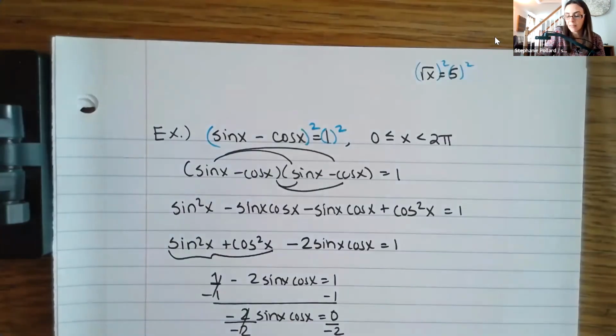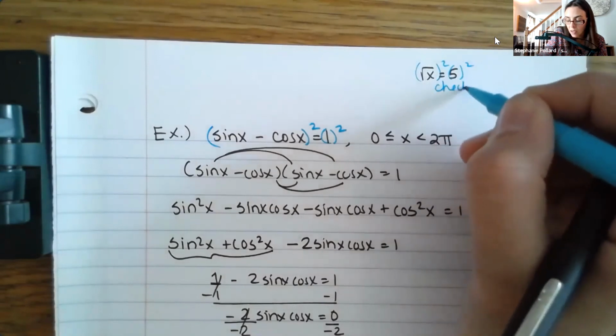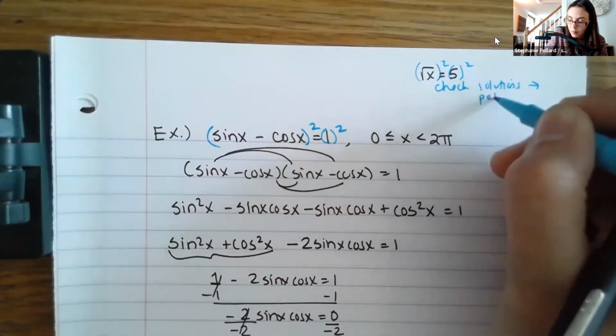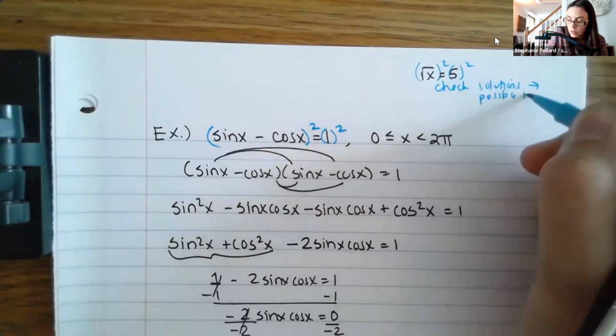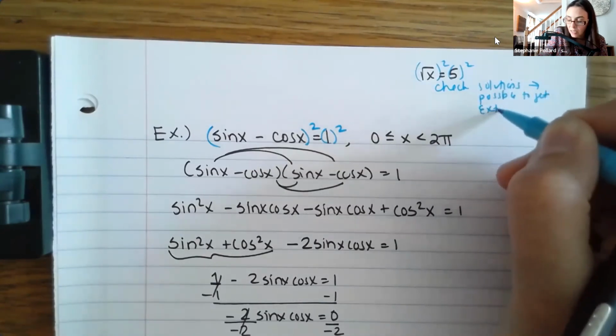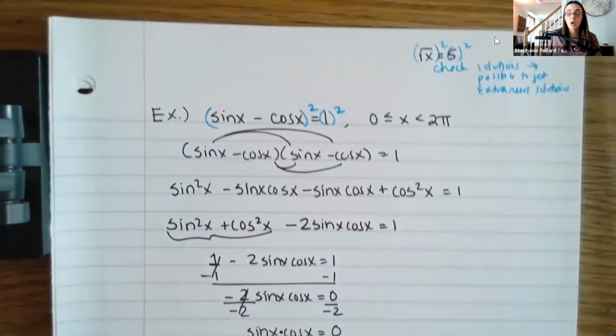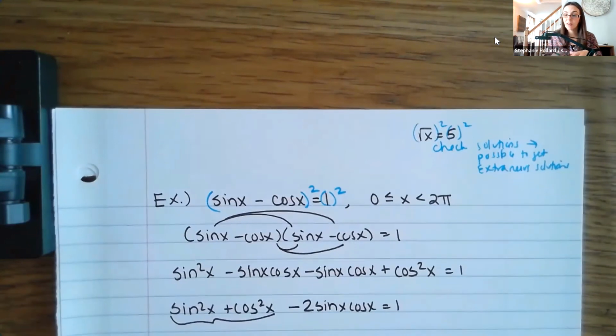When you have something like that, you always have to check your solutions because it is possible to get what are called extraneous solutions. And extraneous solutions basically don't work. So they come out to be final answers, but when you check them, they don't actually work.